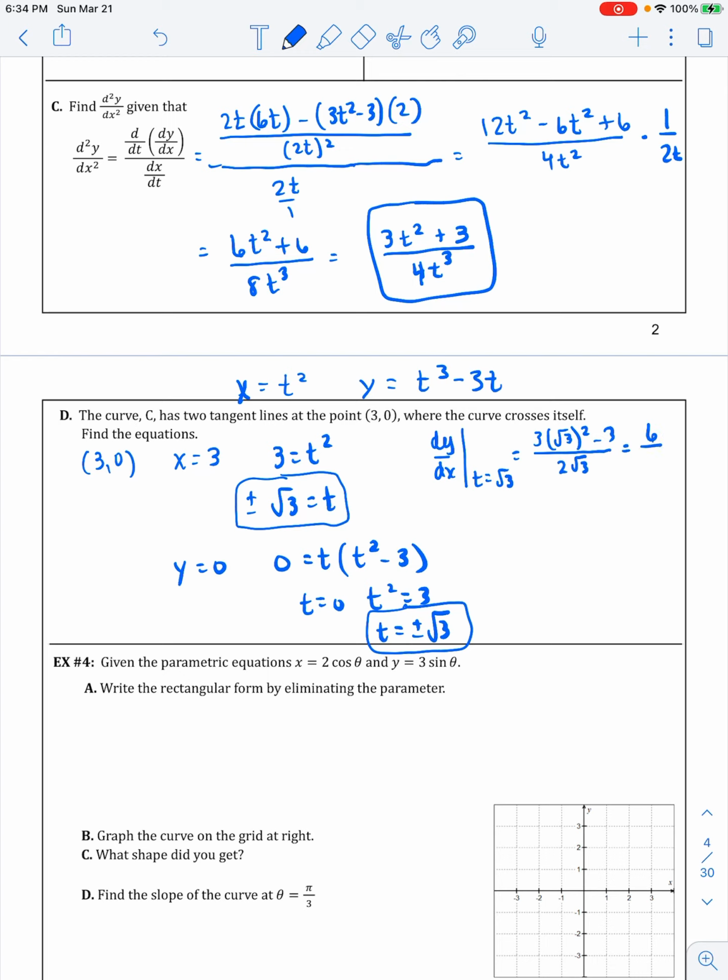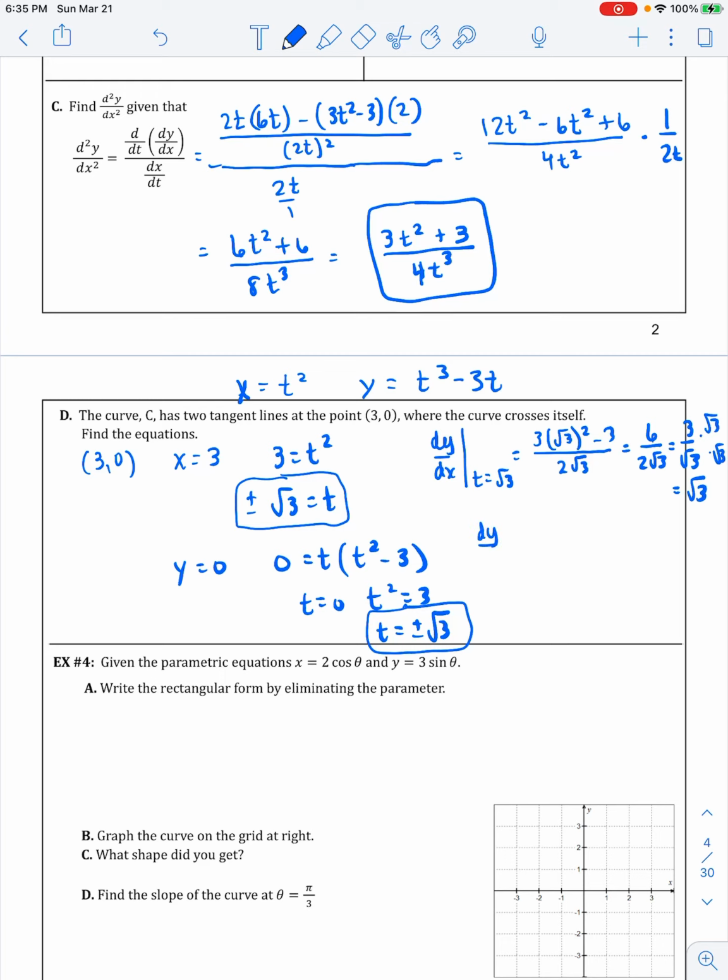This is going to give me 6 over 2 root 3, which gives me 3 over root 3. If we wanted to rationalize it, we would multiply by square root of 3 over square root of 3, the 3's would cancel, and we'd just get root 3.